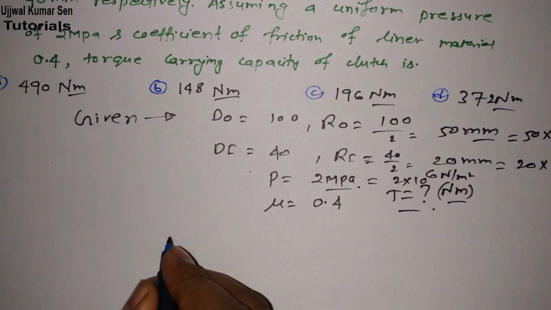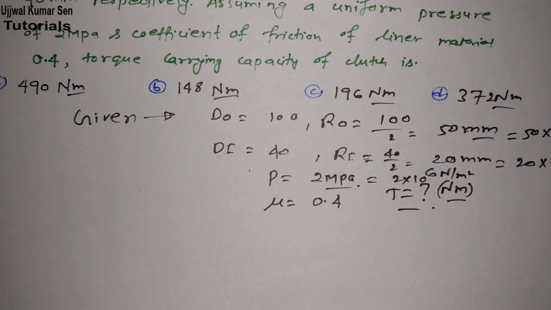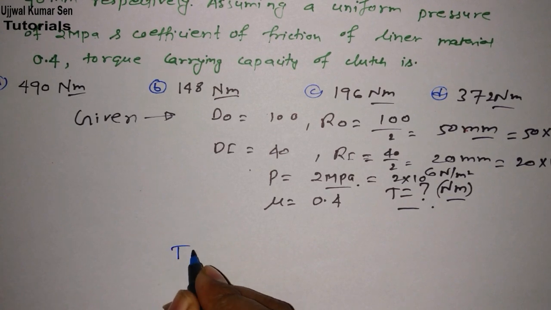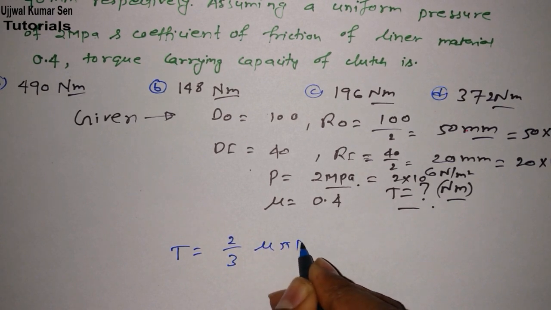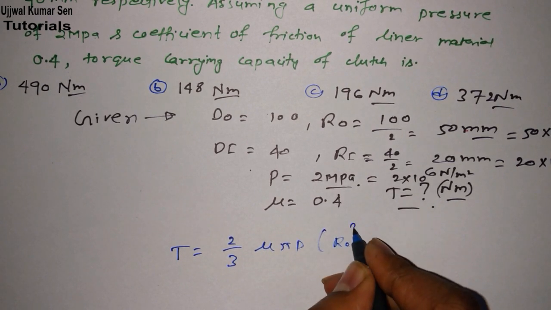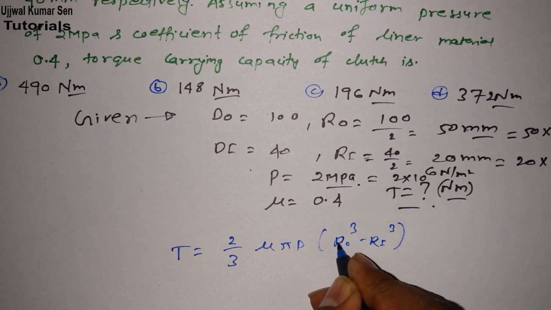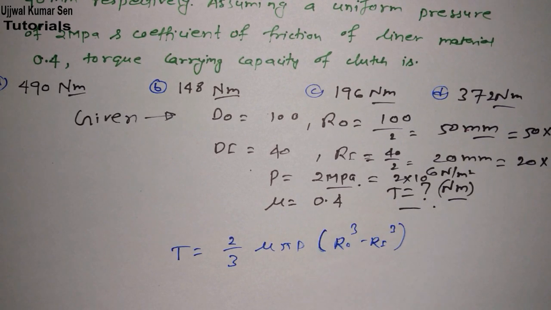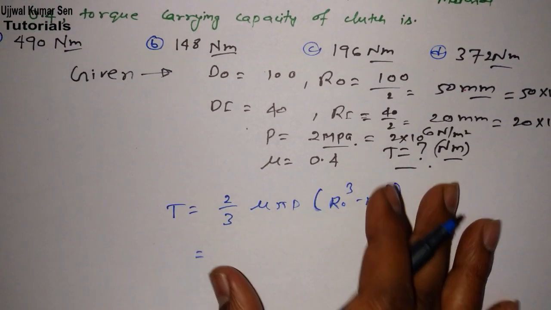Now we know that in the case of the uniform pressure theory, T is equal to 2 by 3 mu pi p into (R naught cubed minus Ri cubed). So we just have to put in the values and get the answer. Simple, right?